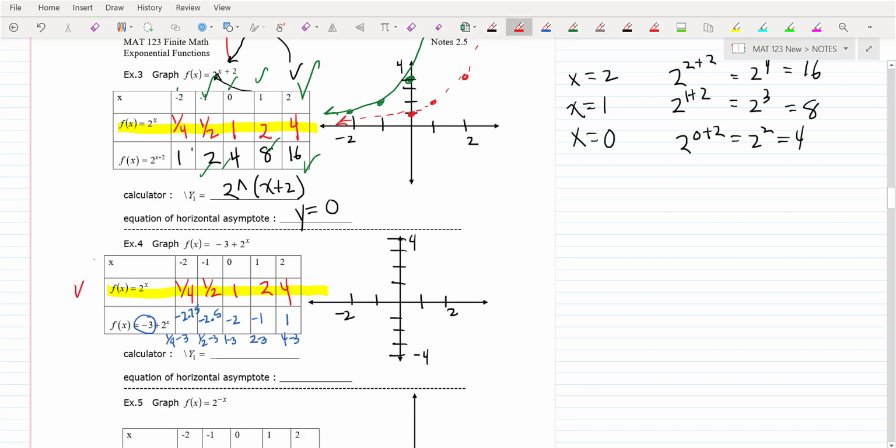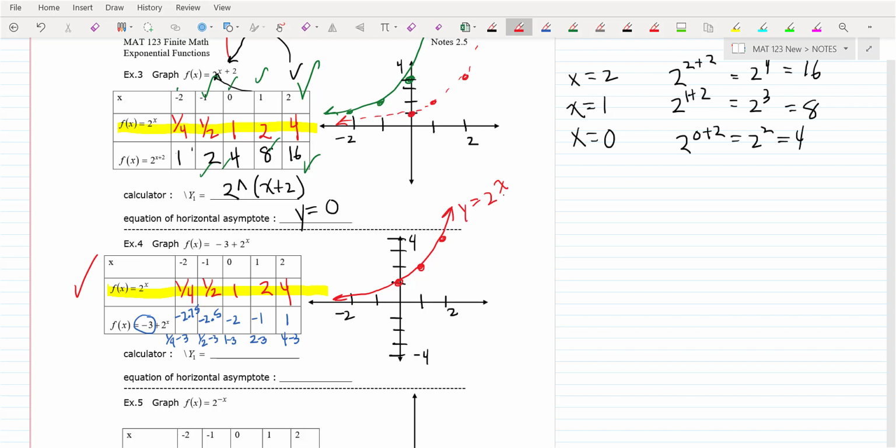Graph the second row in red, because I want you to see the connection between these. We have the points 0, 1, 1, 2, 2, 4, and then it levels off to the x-axis like that. So that's the graph again of y equals 2 to the x. So what did that negative 3 do to the graph?